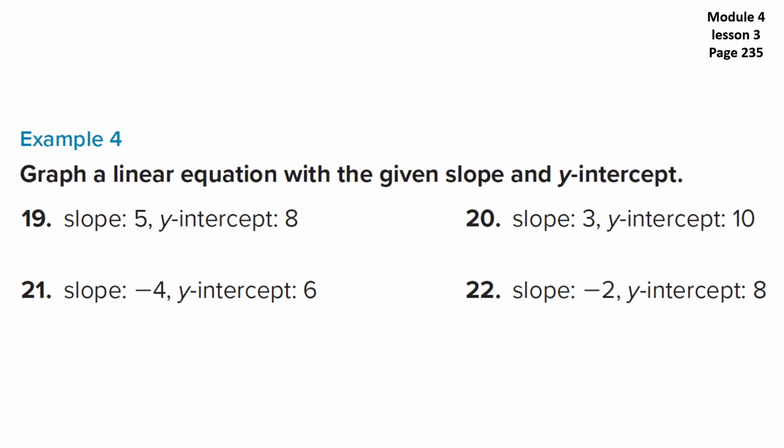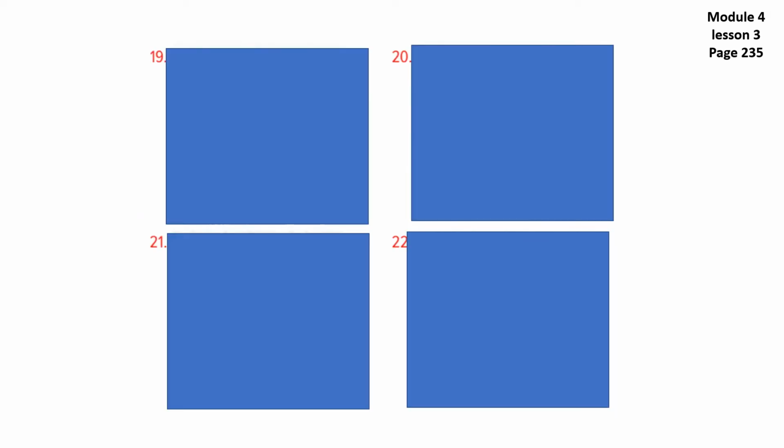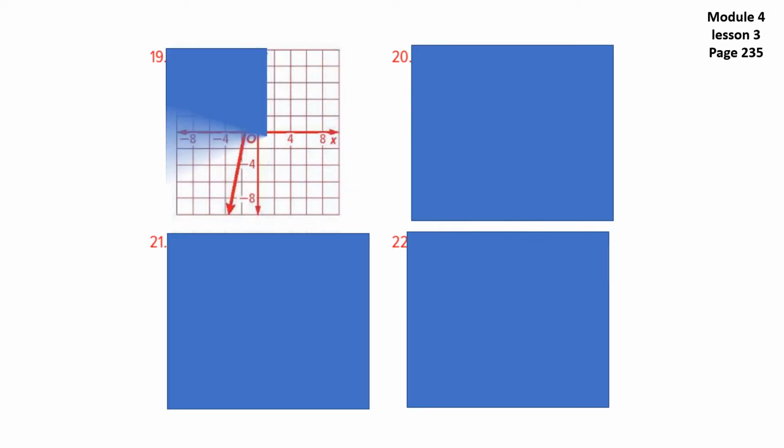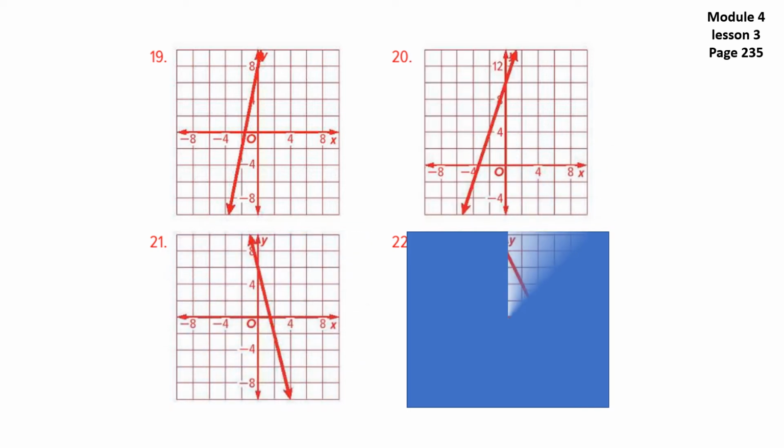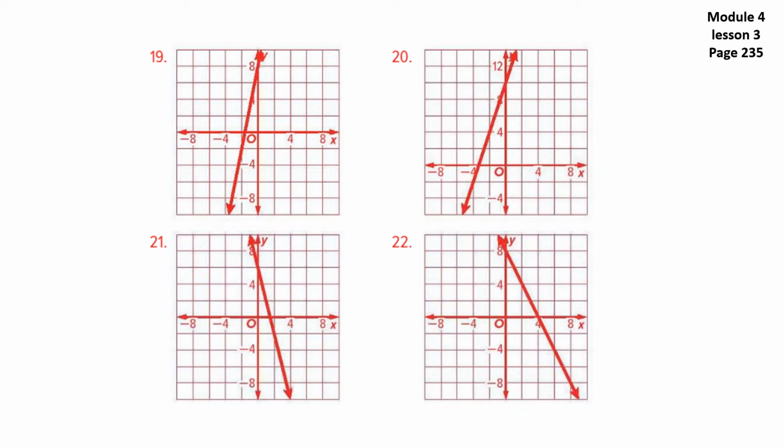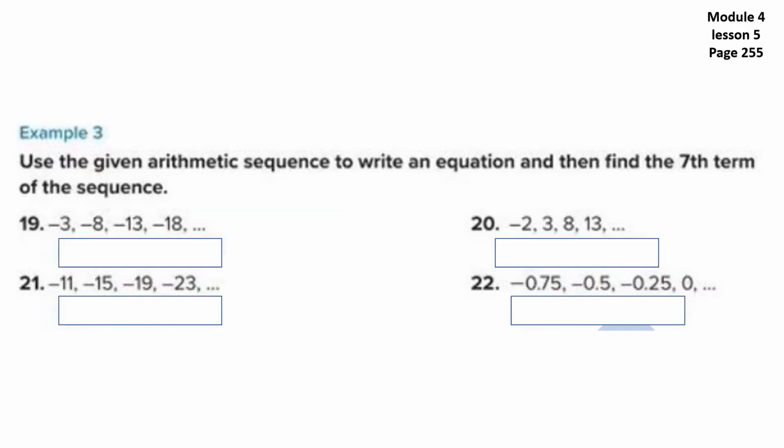Moving on, we will move to module 4, lesson 3, page 235, where you have to graph the linear function. We have also done this question in part 1 of the video, so just check your answers for the graph. For question 19 to 22, these are the 4 graphs that you will be getting. So basically, we use the formula slope is rise over run to get the solution.